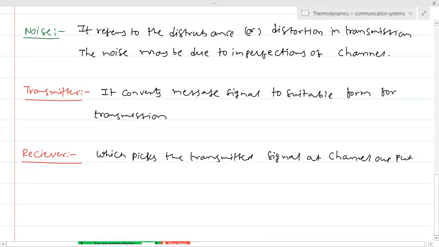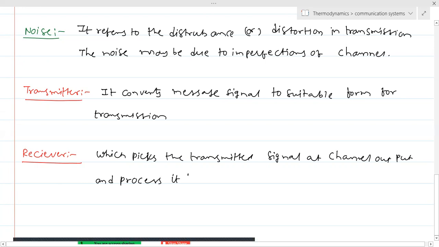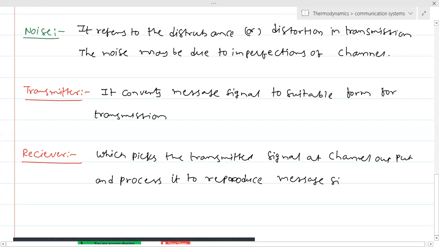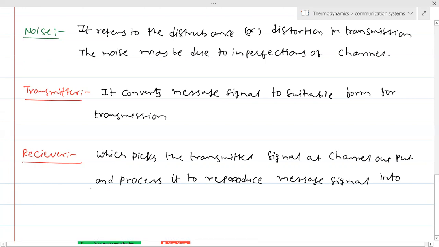So that means the person or the device who receives the signals at the end of the channel output and processes it to reproduce the message signal into suitable form. So this is the receiver.